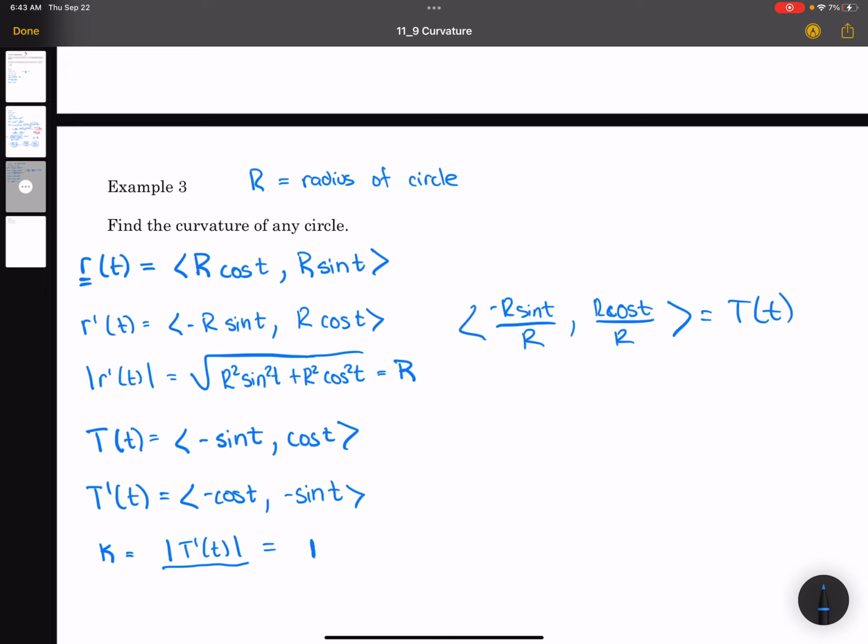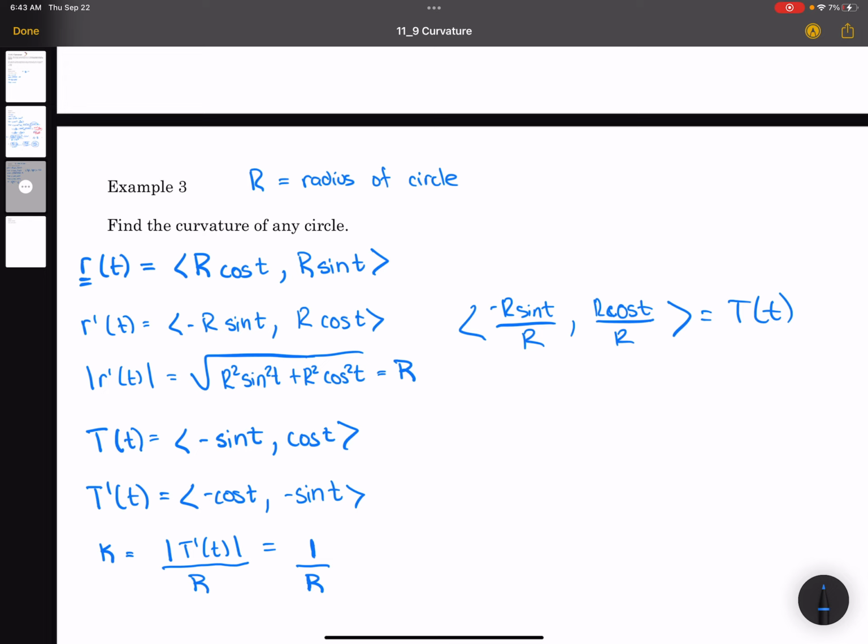And we divide that by the speed, which is R. So our curvature for any circle is 1 over R. So for a circle of radius 2, the curvature is 1/2. For a circle of radius 4, the curvature is 1/4. For a circle of radius 100, the curvature is 1 over 100.